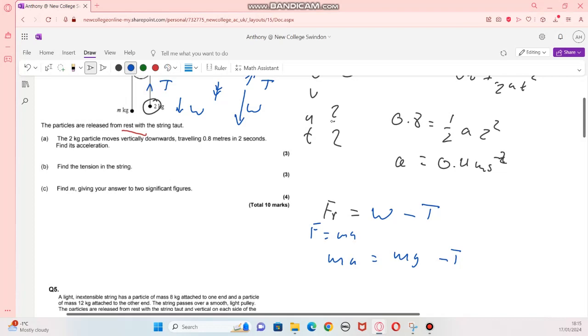Now we plug in our values: 2 kilograms times the acceleration we found, 0.4, equals 2 times gravity, 9.8, minus tension. Solving this equation, T should be around 18.8 if I'm not wrong. That's our answer, in newtons.